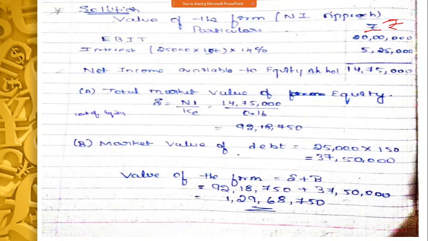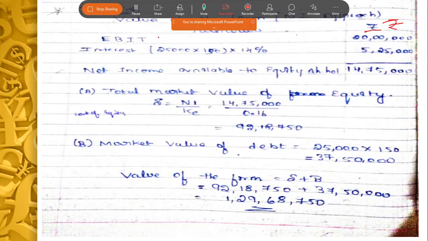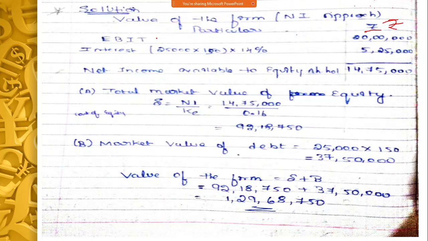Now, what has been given? The first thing that the problem speaks of is earnings before interest and tax, or the EBIT. The EBIT is directly given to be 20 lakhs.